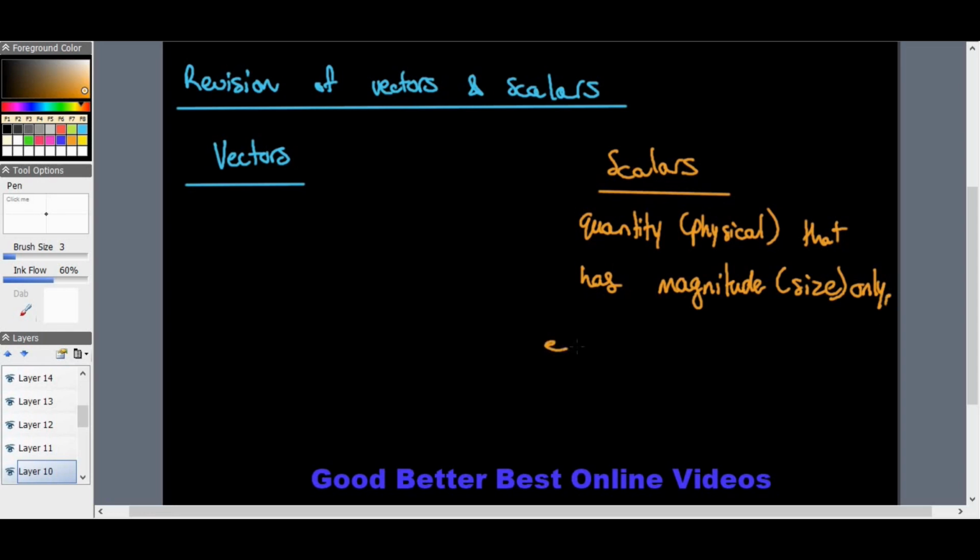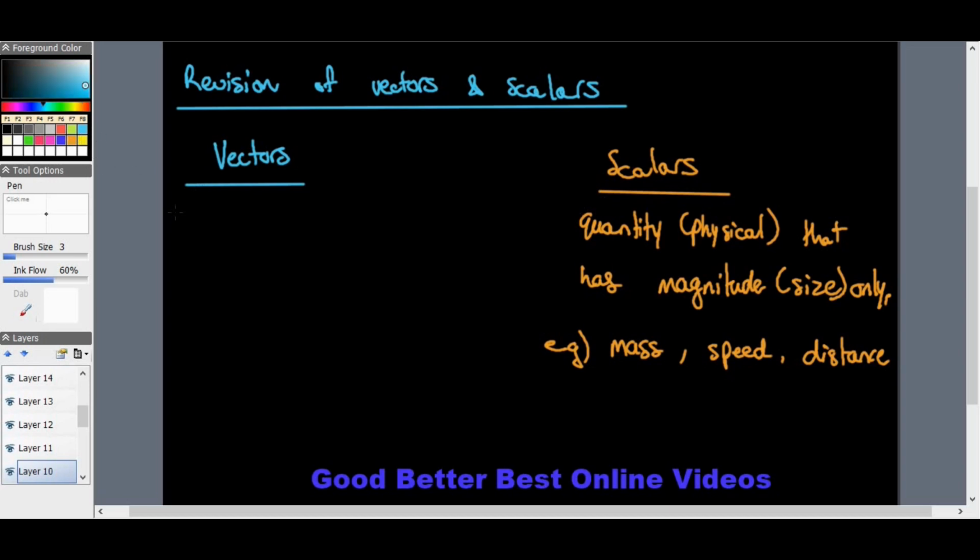Examples, and I'll double check my textbook to make sure I have the right examples: mass, speed, distance. They only have size, magnitude. So mass, currently as of Saturday when I weighed myself, 101 kilograms. Speed, meters per second. Distance, meters. That's it. A scalar is a physical quantity that has magnitude only.